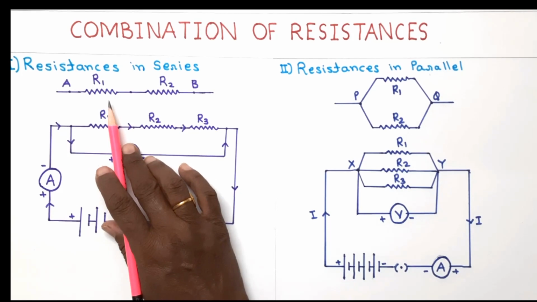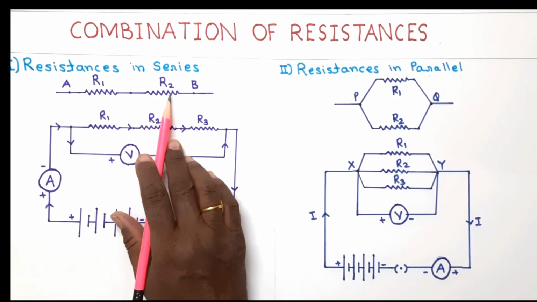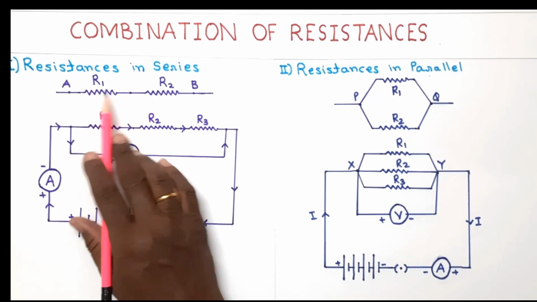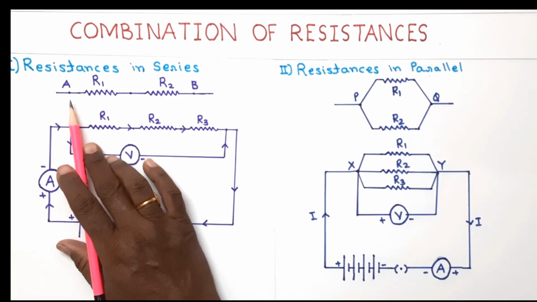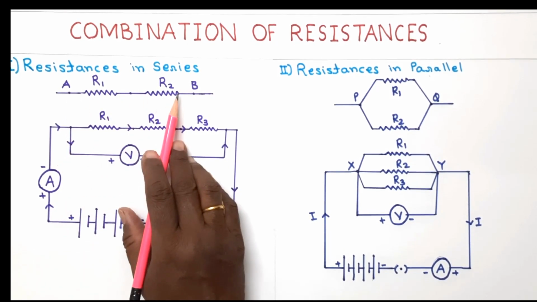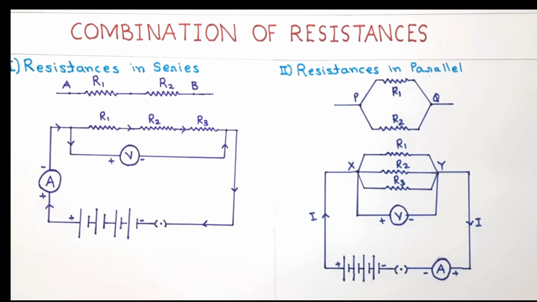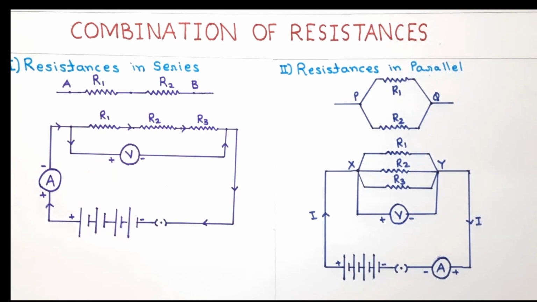When two resistances are joined end to end consecutively, they are said to be connected in series. This R1 and R2 are joined in series between points A and B. Now this is a circuit showing how resistances R1, R2 and R3 are joined in series in a circuit.